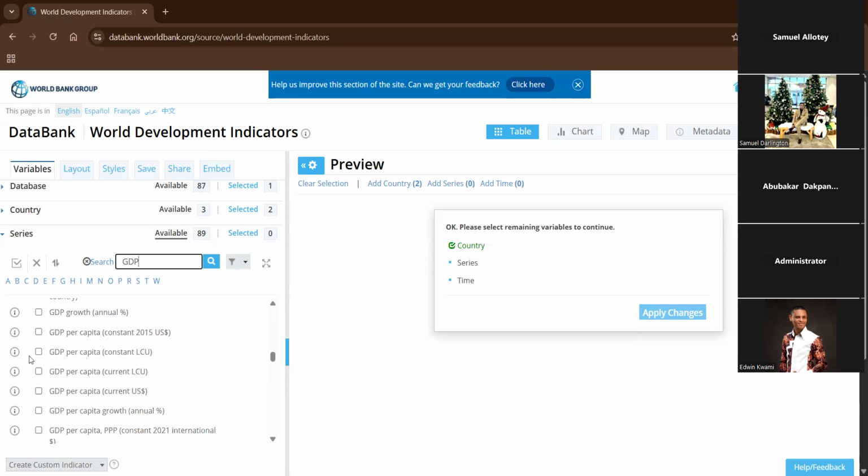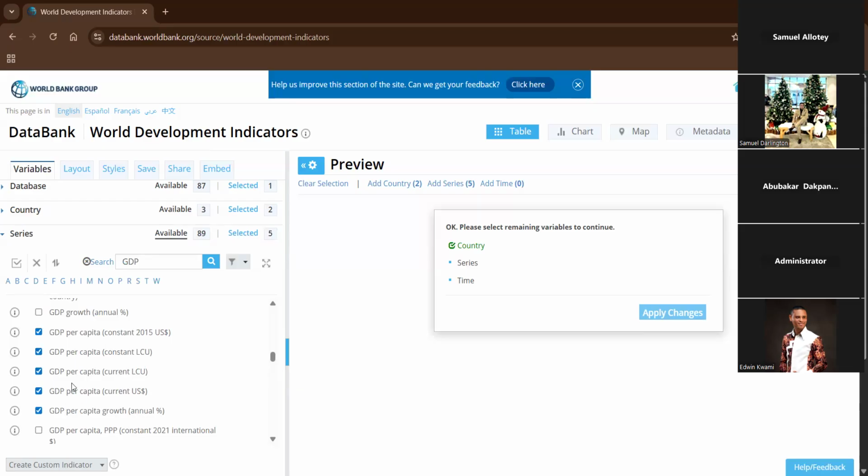Maybe I need GDP per capita. But note that sometimes, if you need one indicator, you can download multiple measures for the same indicator. So if I need GDP per capita, I can download all four.